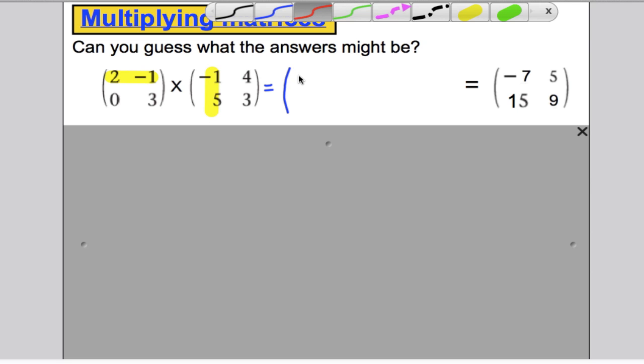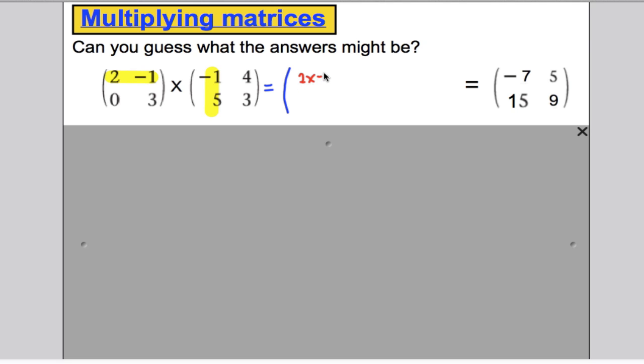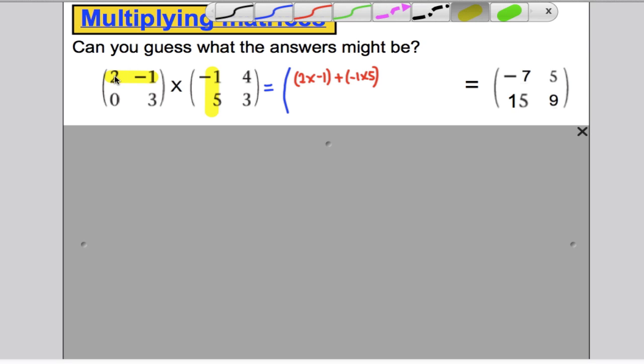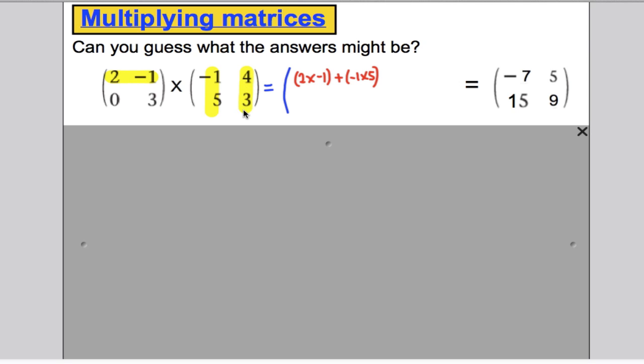So I do 2 multiplied by negative 1, and then I add negative 1 times 5. Then for the next one over here, I do 2 and negative 1 multiplied by 4 and 3. So for this one here, I would do 2 multiplied by 4 plus negative 1 times 3.